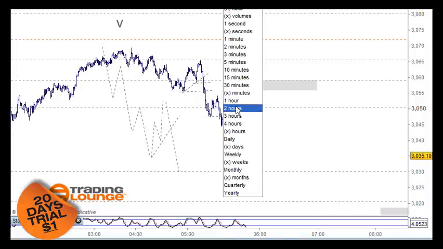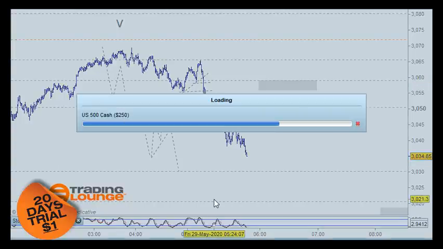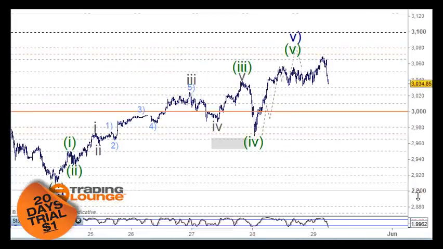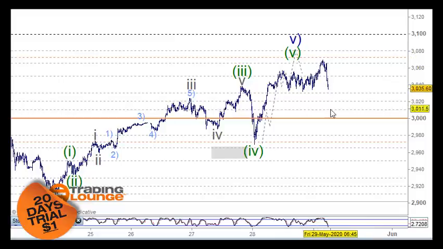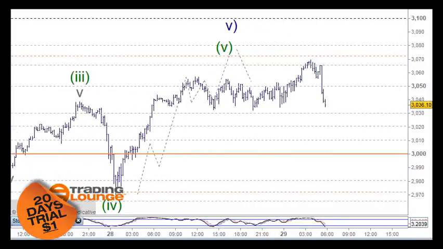So I'll just go to the 15-minute chart again. So yeah, nice sharp move down. So 1 and 2 here, and probably, I don't know, I'll just draw this out, but maybe something like this, and then we'll see an ABC pattern here.